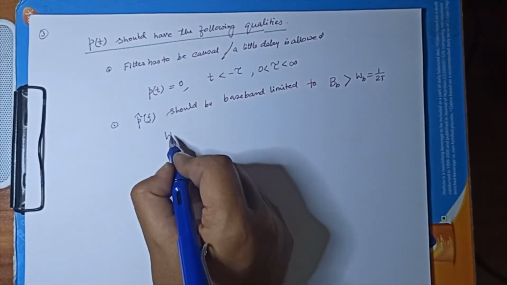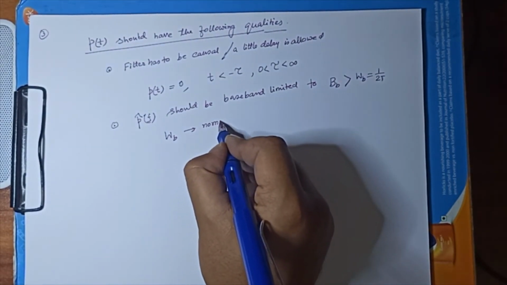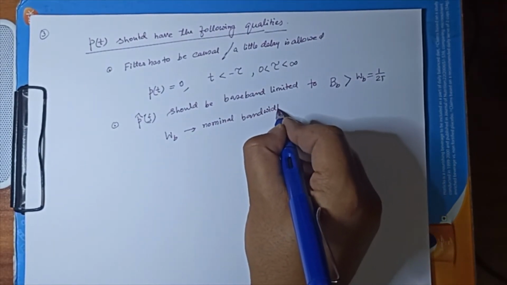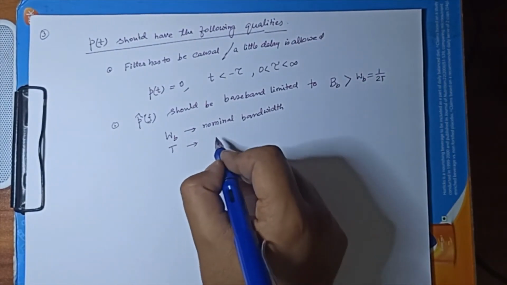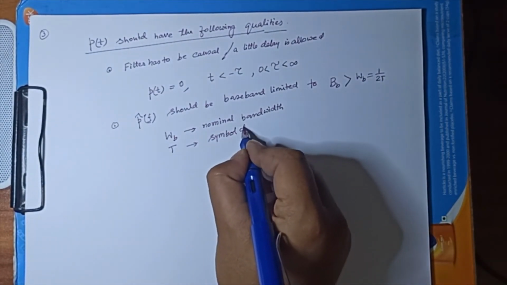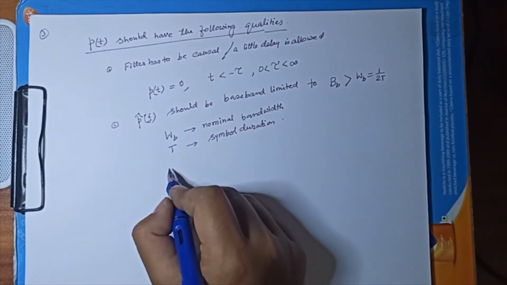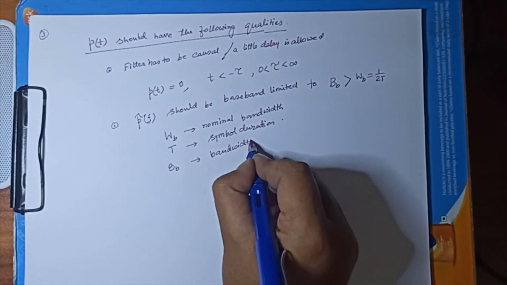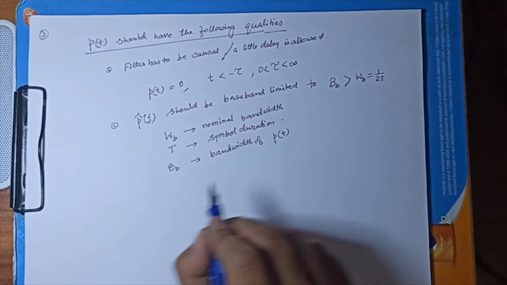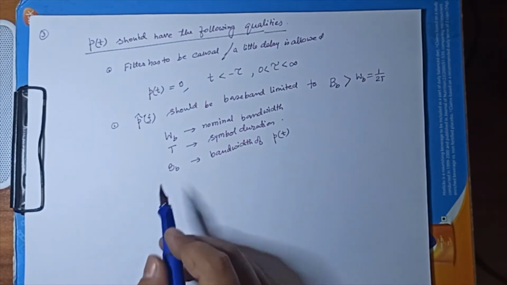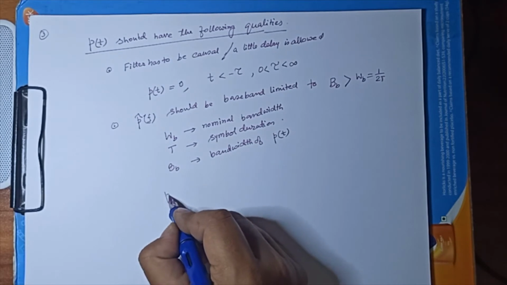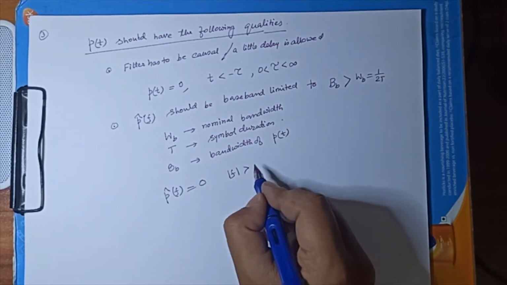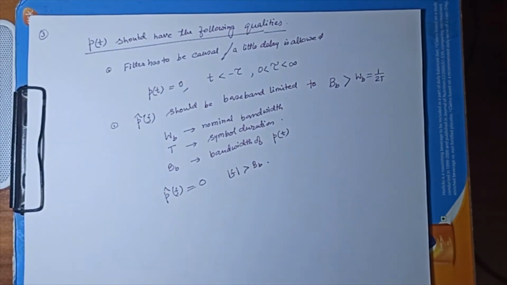This W_B is called the nominal bandwidth, where capital T is the symbol time, the symbol duration, and this B_B is the bandwidth of the signal of p(t). Now this bandwidth definition is not the 3 dB bandwidth, it is the exact bandwidth. Exact bandwidth means that P(f) will be 0 for f greater than B_B.